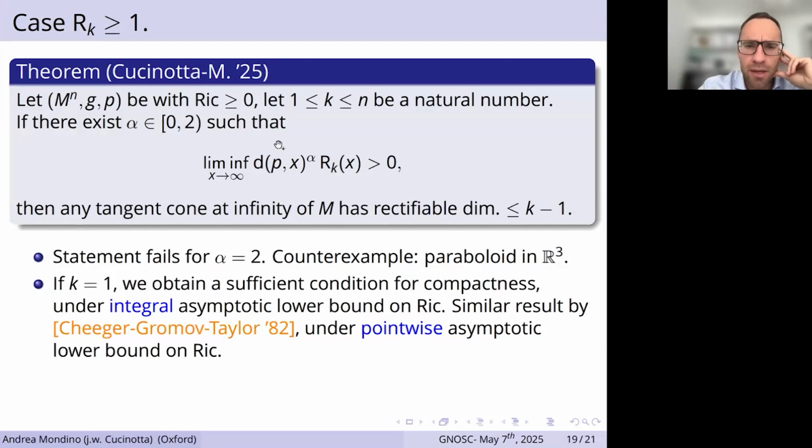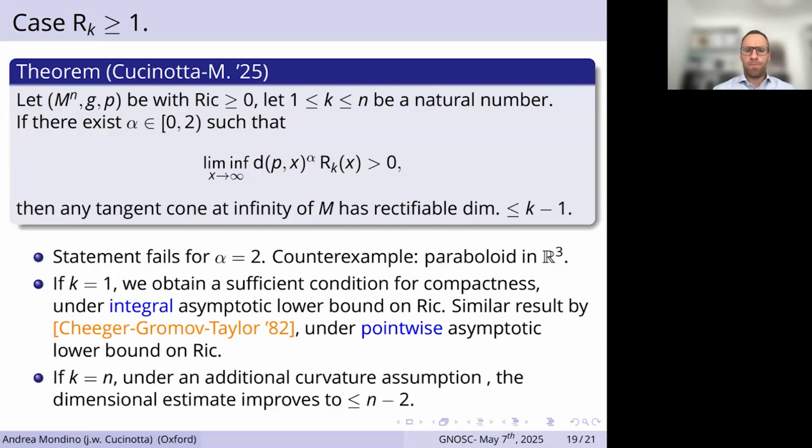They assume a pointwise lower bound on the Ricci, and we get basically the same conclusion: if you have an integral asymptotic lower bound on the Ricci, then the manifold must be compact. So it is an integral relative of the Gromov-Taylor result.